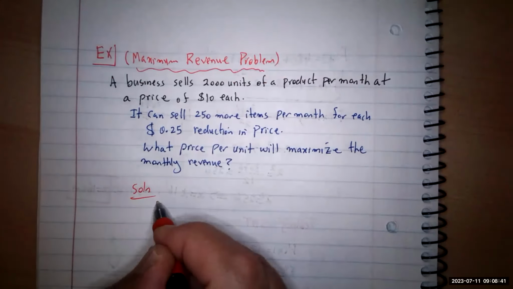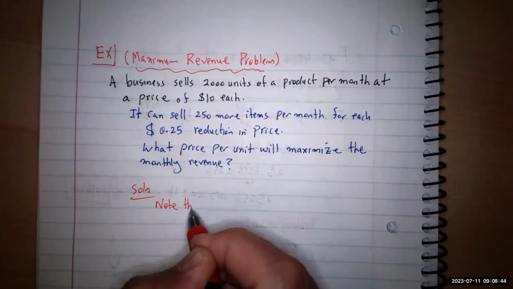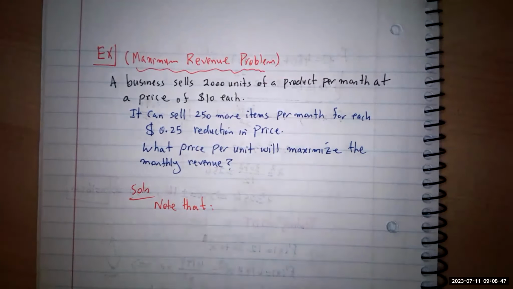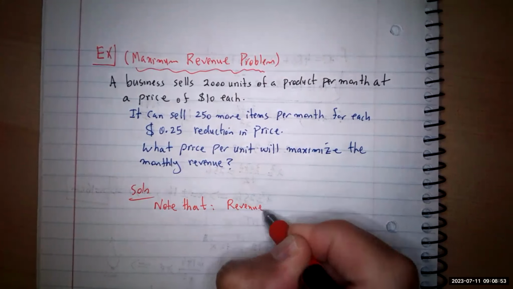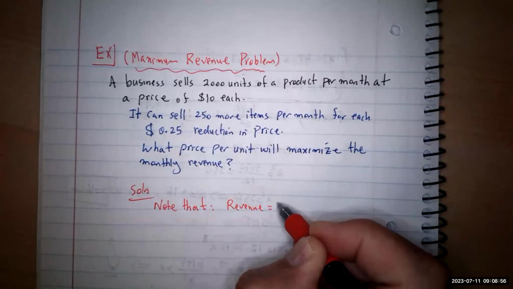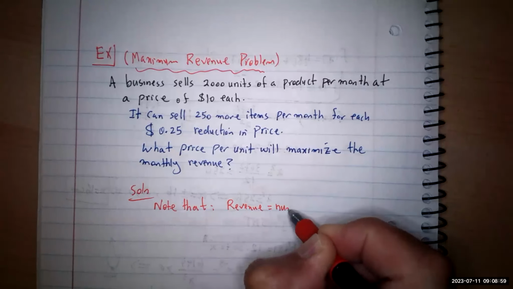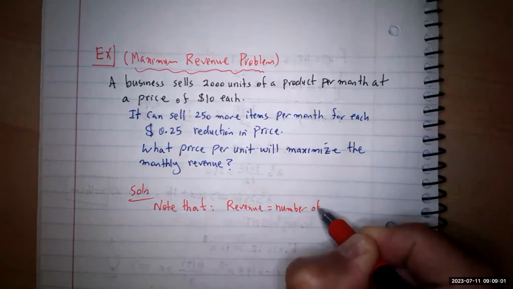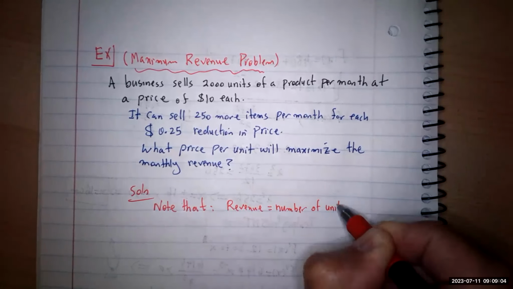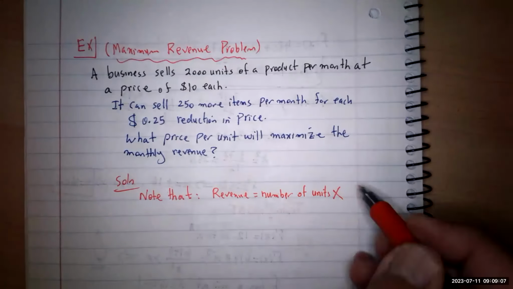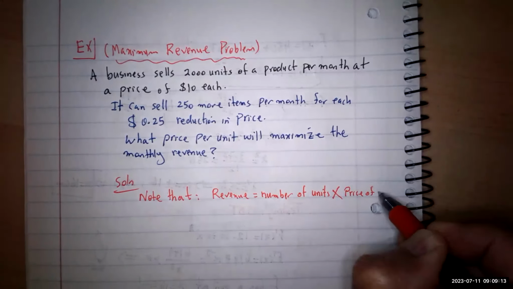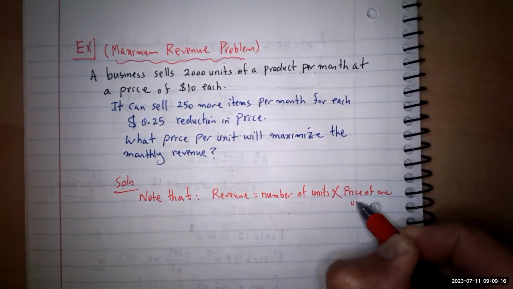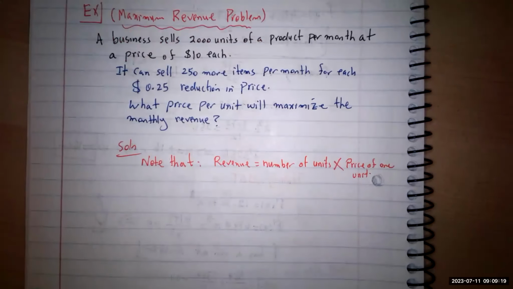I just remind you that the original revenue is equal to the number of units times the price of 1 unit.